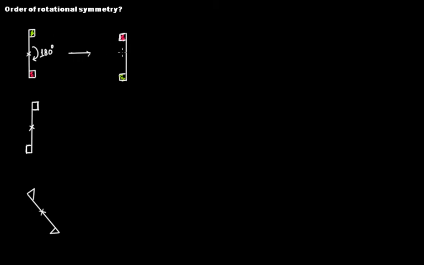Now if we again rotate it by 180 degrees, so 180 degrees for the first time and then again 180 degrees, we have rotated by a total of 360 degrees, right?